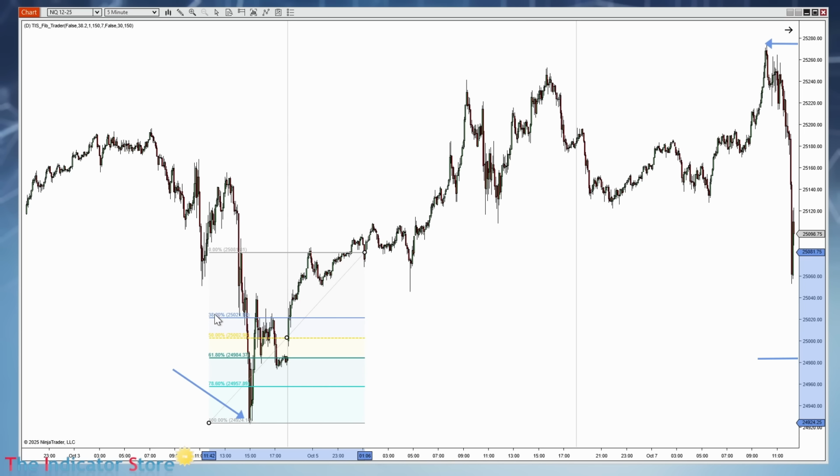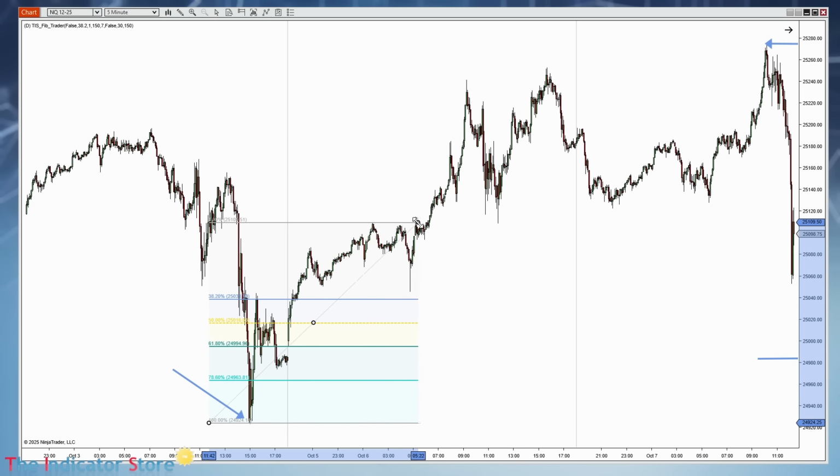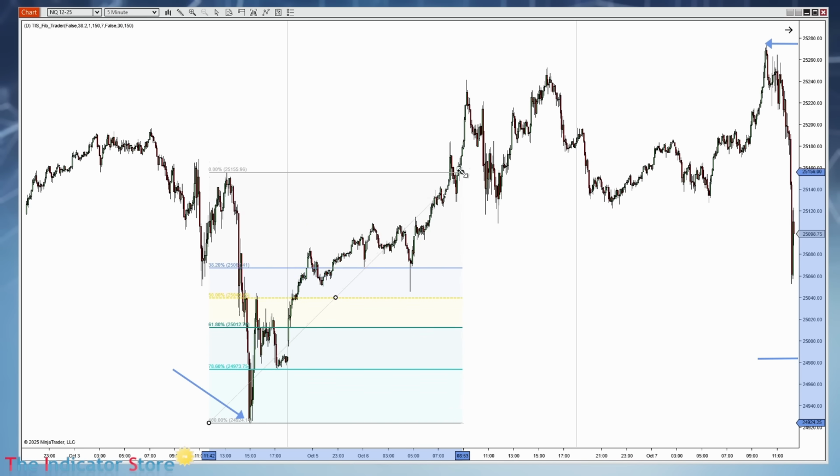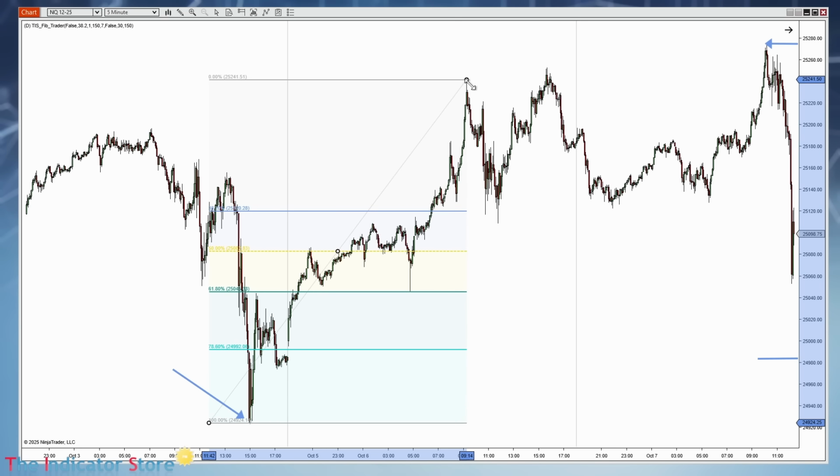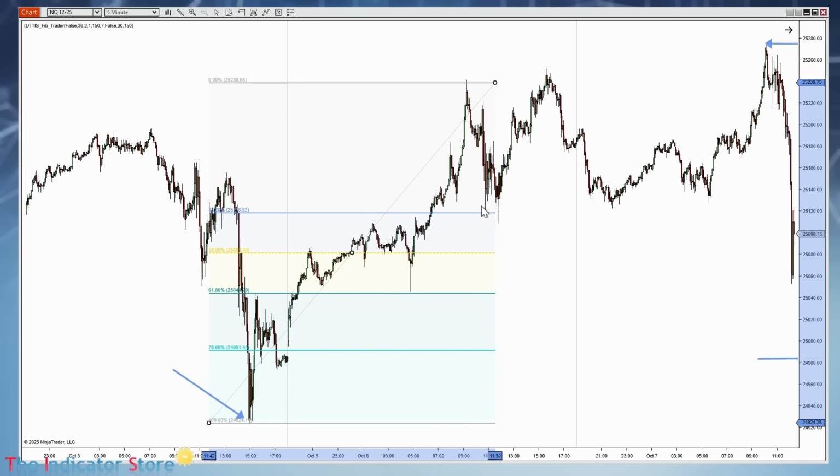To reach the 38%, we need a big pullback. So we keep going. This pivot is not enough. But at a certain moment, like for example, when we reach this pivot, then we have a bounce over the 38%. Anyway, we can choose any fib level.